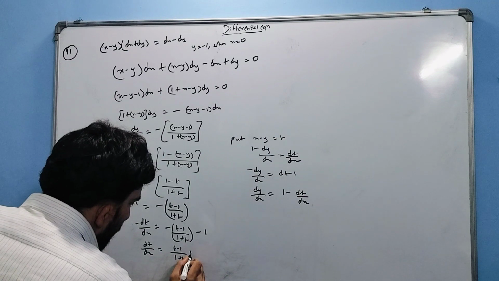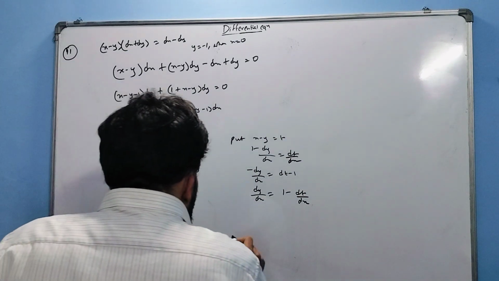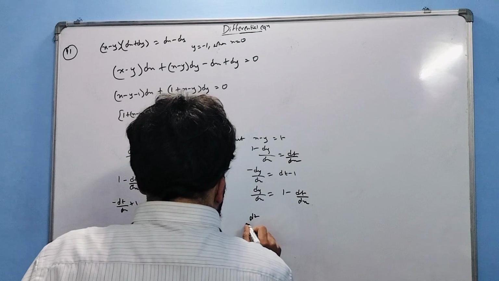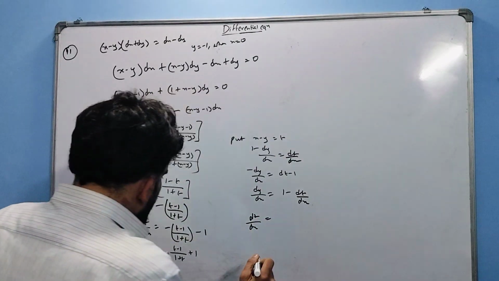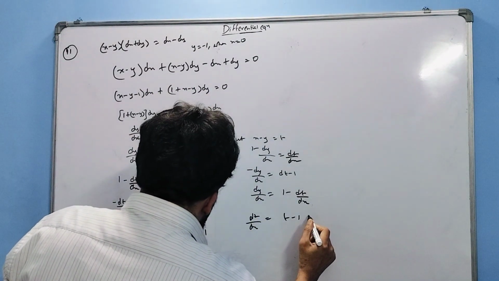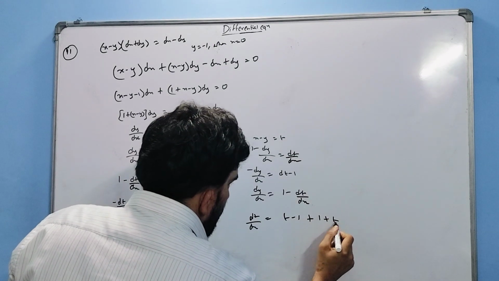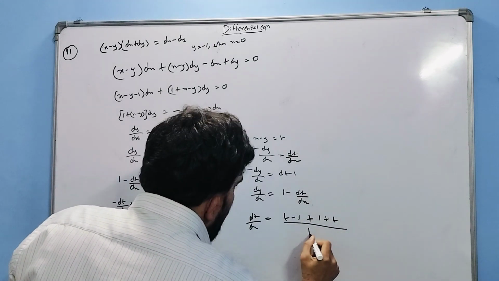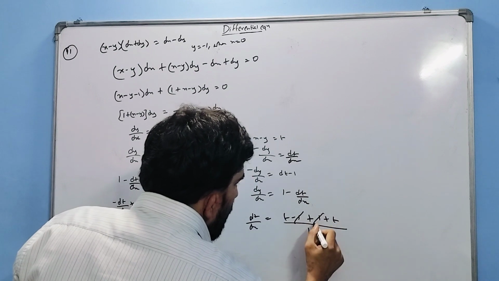So now we'll try to solve here, dt upon dx is equal to t minus 1 plus 1 plus t upon 1 plus t. So we'll have 2t upon 1 plus t.